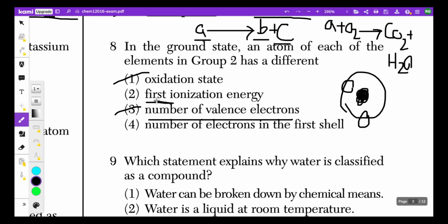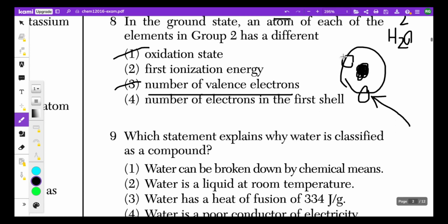This is first ionization energy. It represents the amount of energy it would take for me to just pull off an electron from the atom. How much energy would it take for me to remove an electron from an atom? And that's ionization energy.